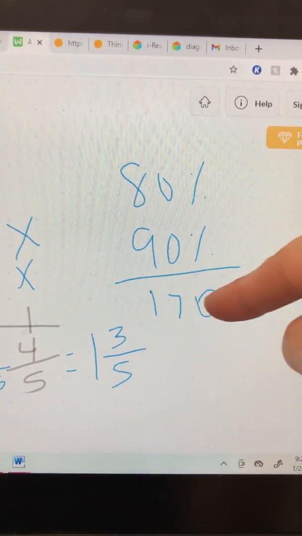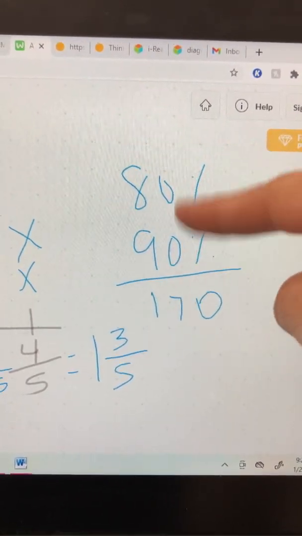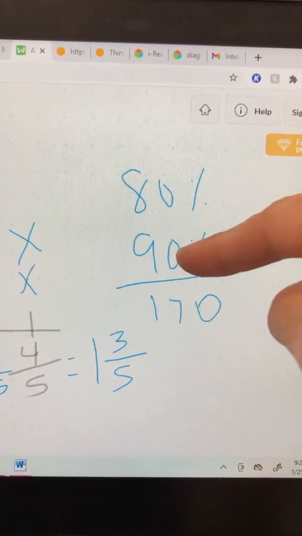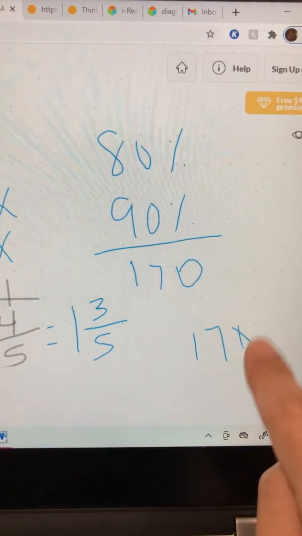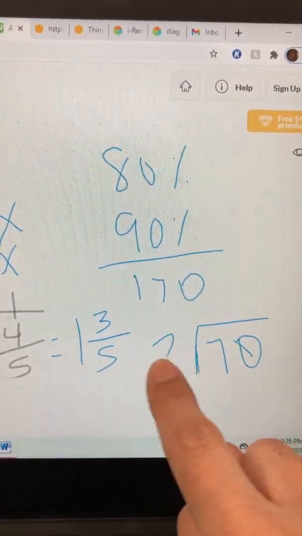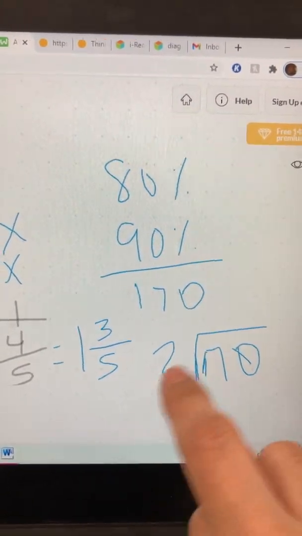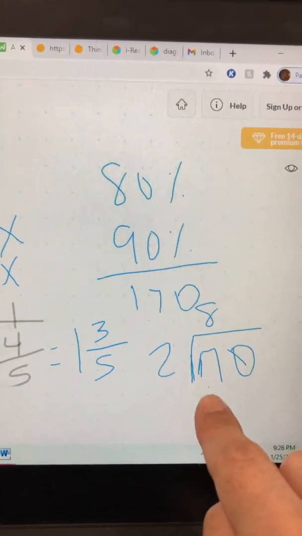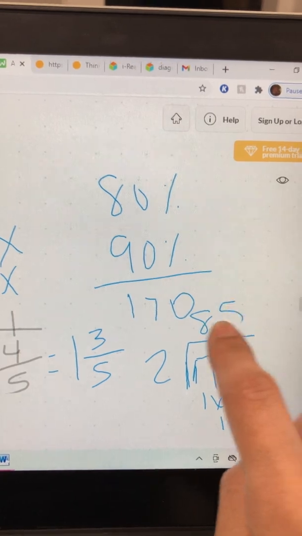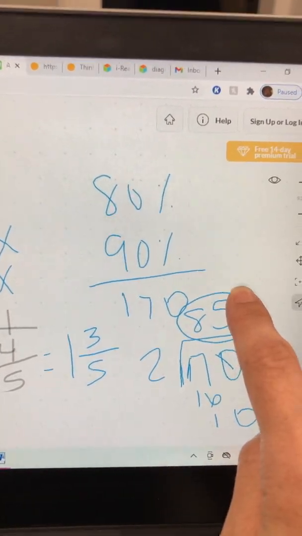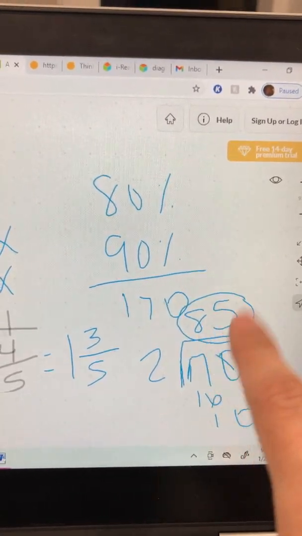So 170 will be divided by 2, because there's 2 tests that she took. That would be 85. So her average score in the grade book would be a B, 85.